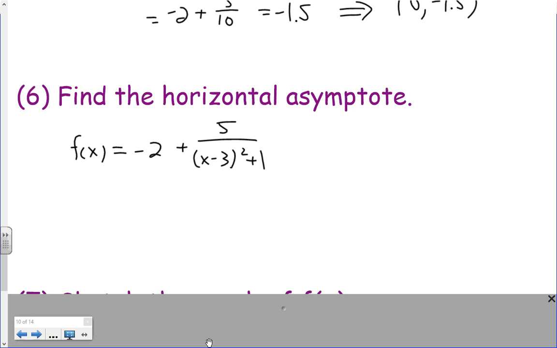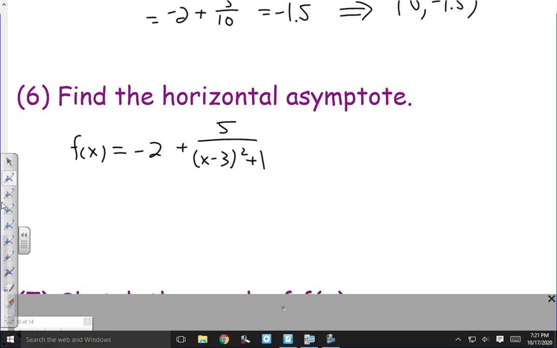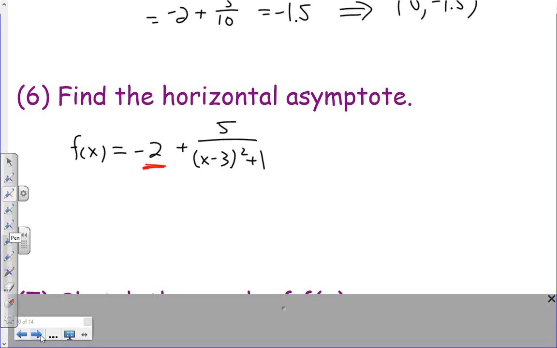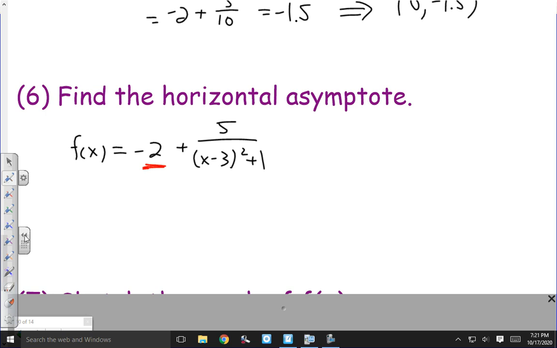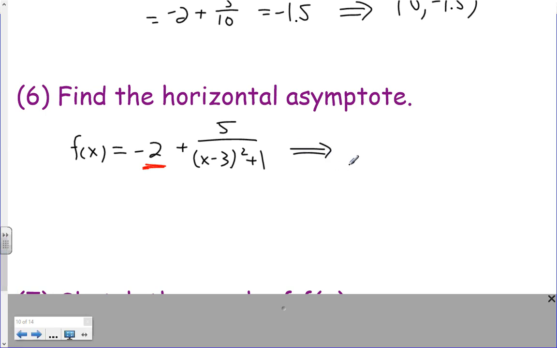So again, this quotient part of this guy right here tells me my horizontal asymptote. So this is going to tell me then that y equals negative 2 is my horizontal asymptote. Again, I'll abbreviate that HA for horizontal asymptote. All right, there we go.